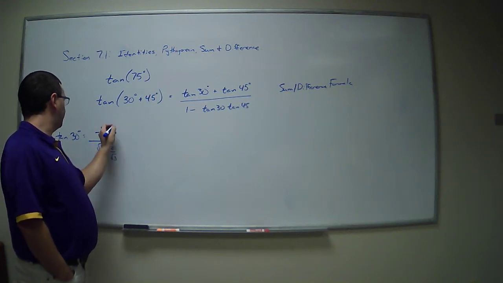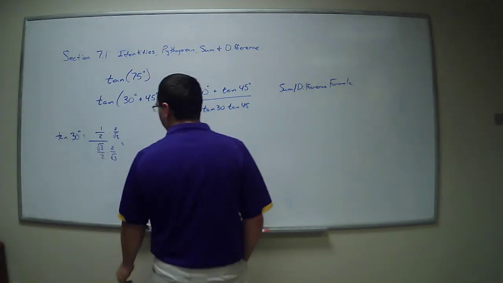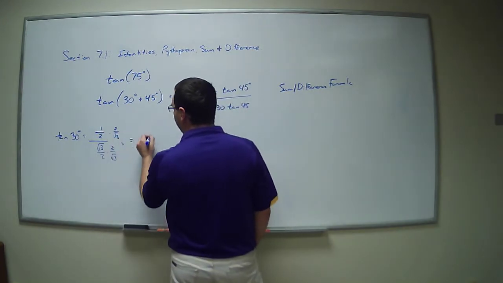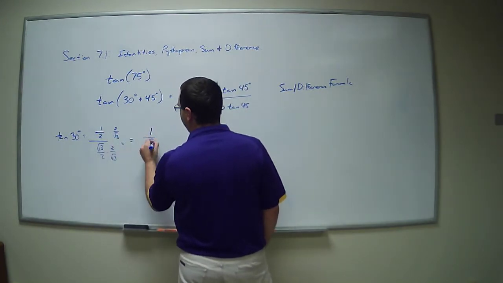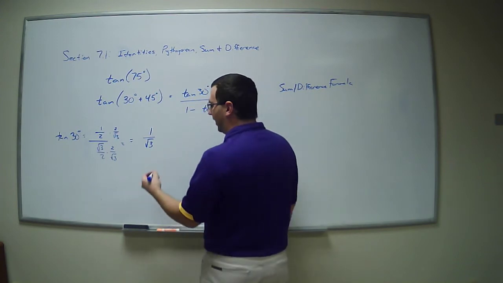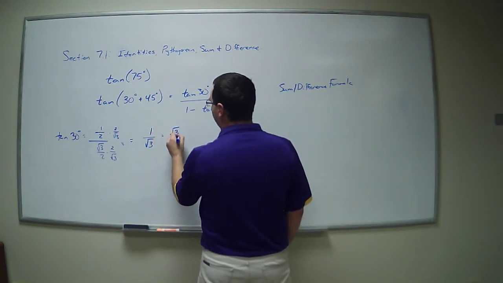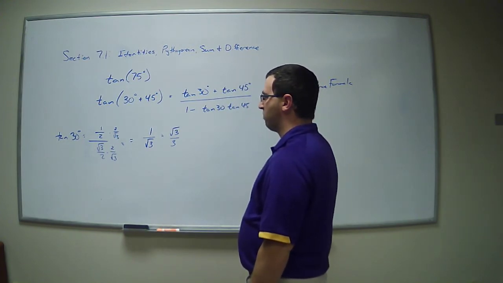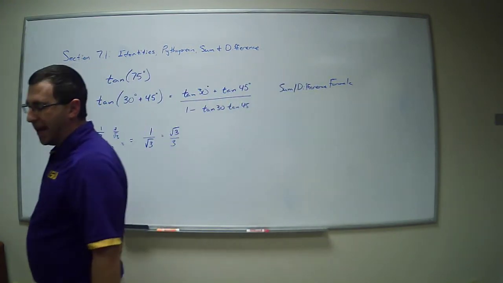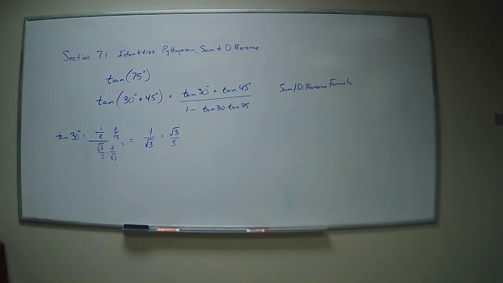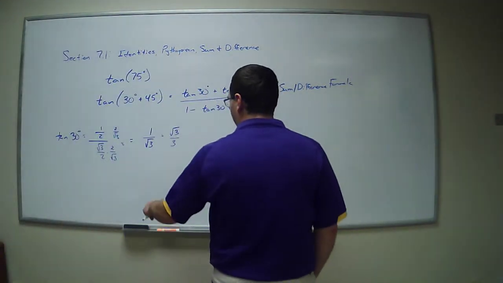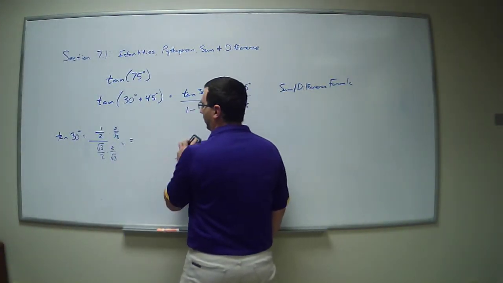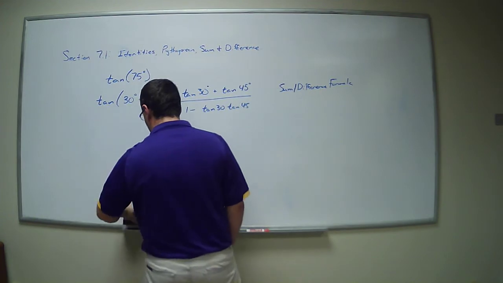So the 2's cancel out, and I'm left with 1 over the square root of 3, which, if I rationalize, is square root of 3 over 3. So the tangent of 30 degrees is just square root of 3 over 3. Like I said, I had to do a little bit of scratch work, and that's okay.